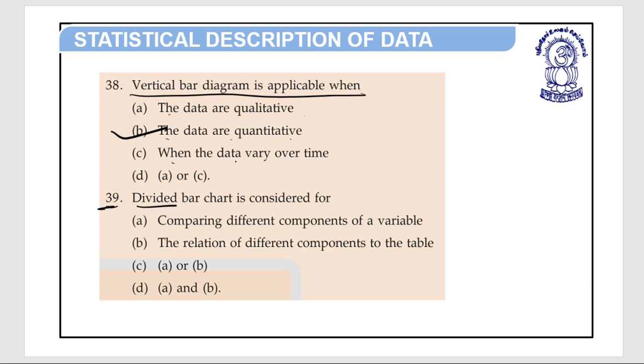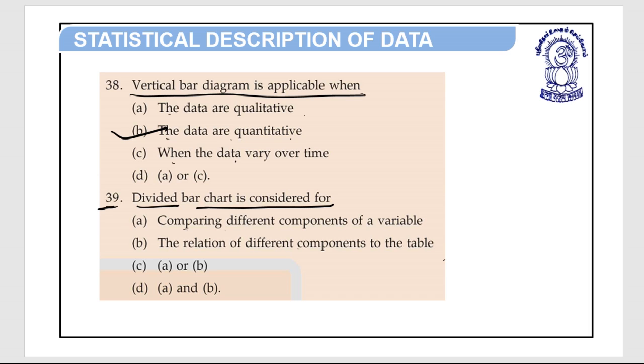Question number 39. Divided bar chart is considered for A, comparing different components of a variable, B, the relation of different components to the total.